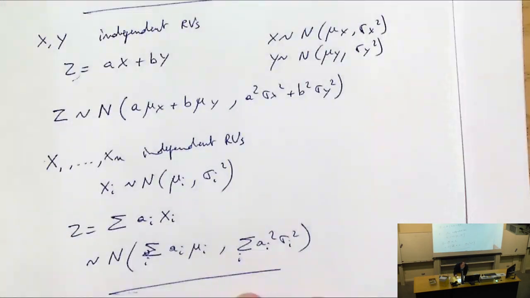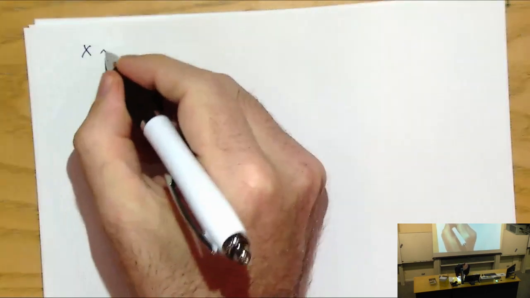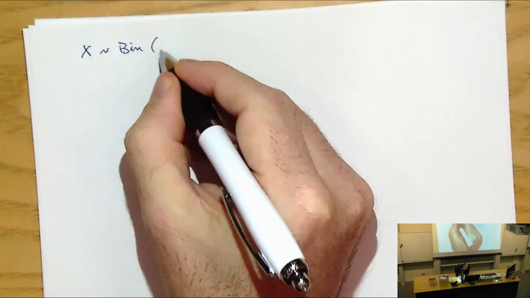And what we did at that time was to say, well, if I have a binomial random variable with parameters n and p, n the number of trials, p the probability of success, X is looking at the number of successes in n trials.